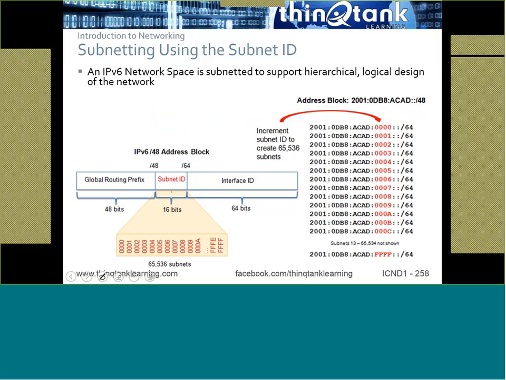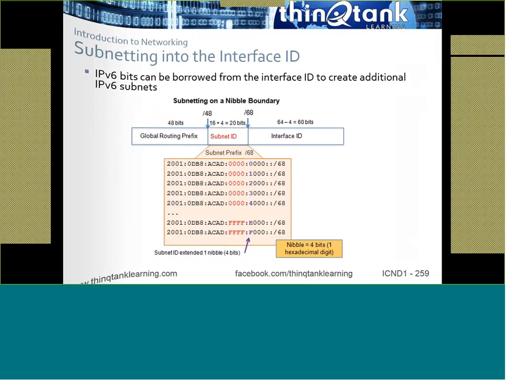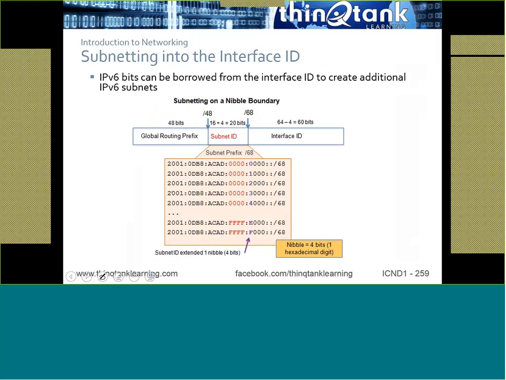Now, you don't have to just borrow 16. That was a question somebody posed earlier. You can borrow more than 16. In fact, you can borrow all the way down into the interface ID. The reason why /64 was chosen was because of the EUI-64 process. But you're not limited to that.